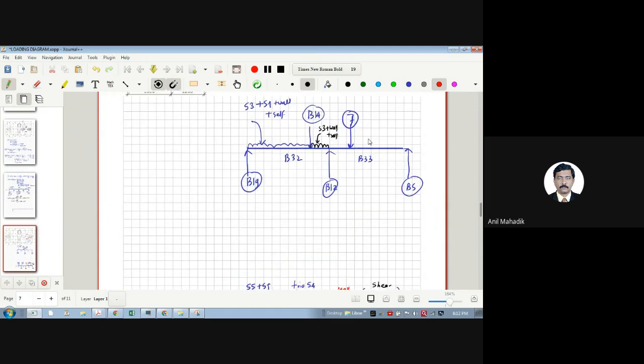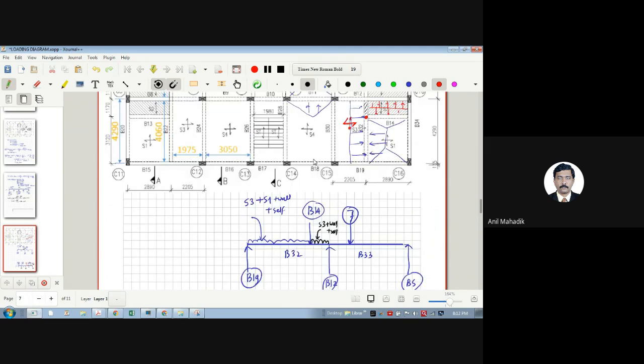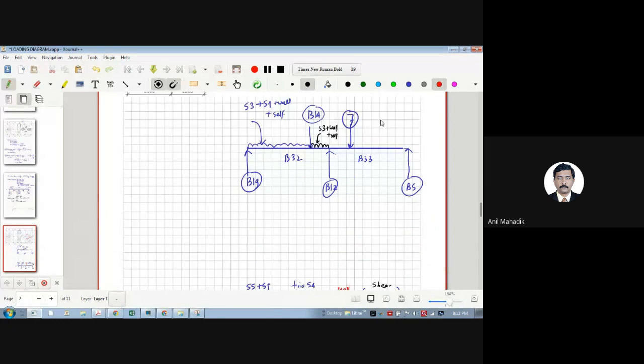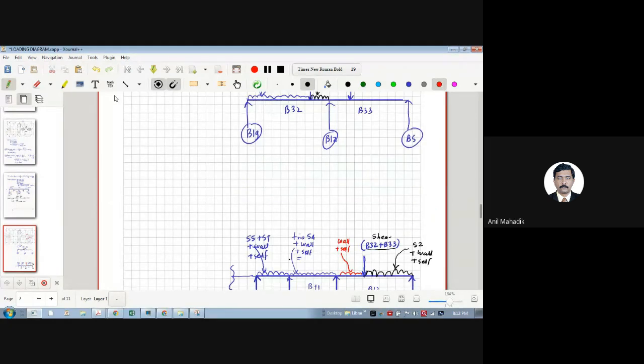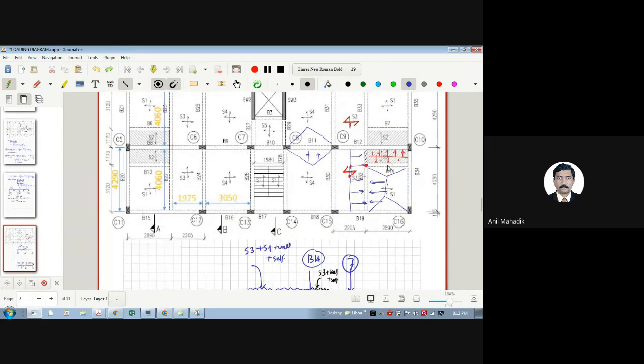Now again there is a problem with B14, क्योंकि B14 का point load कैसे निकालेंगे? So B14 का point load के लिए again draw the loading diagram of B14. So whenever you start drawing any loading diagram, start with the first secondary beams. So this is my secondary beam number one. Then the secondary beam is transferring load on the one beam.